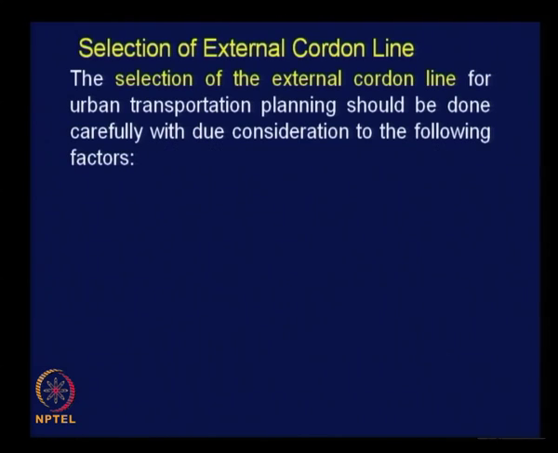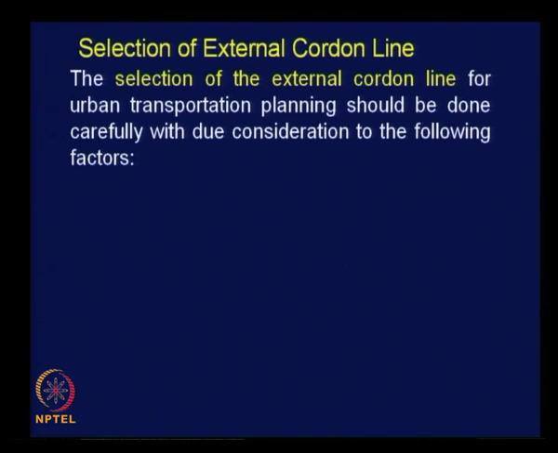Now, how to select the external cordon line? It is a relevant question. Unless we answer this question, we will not be able to fix the boundary. What is the basis? The selection of the external cordon line for urban transportation planning should be done carefully with due consideration to the following factors.